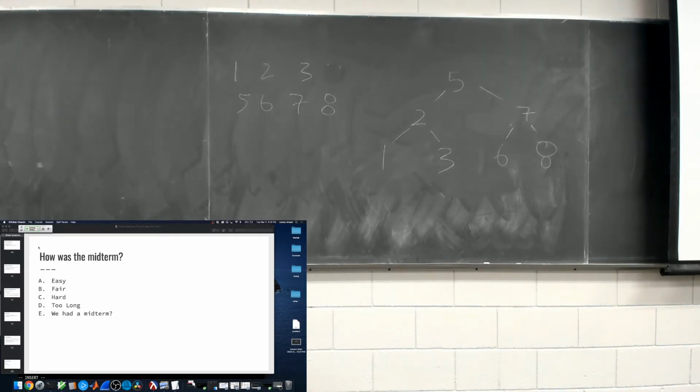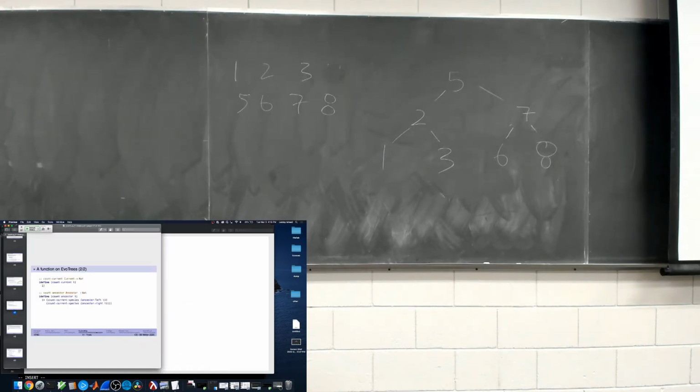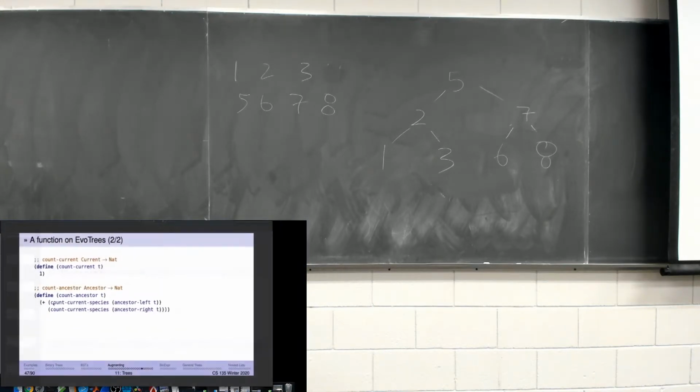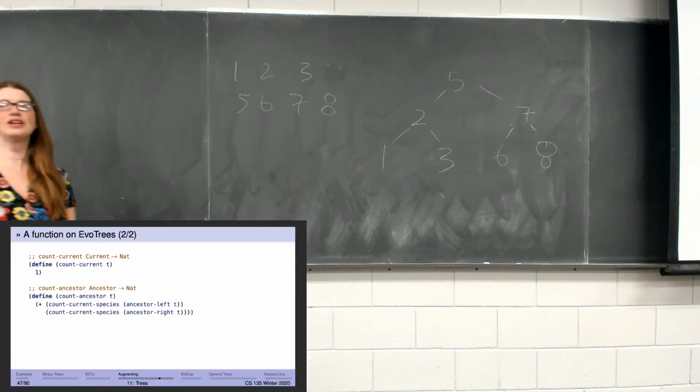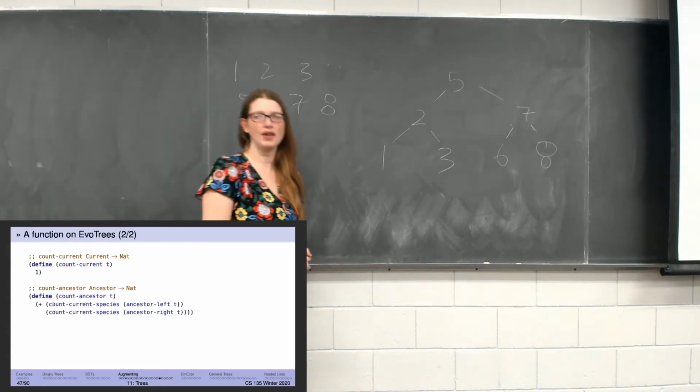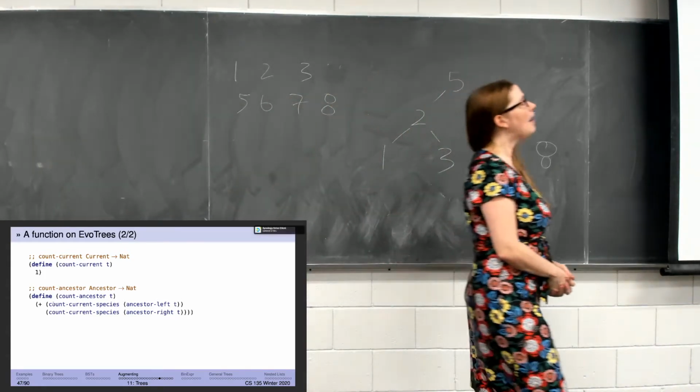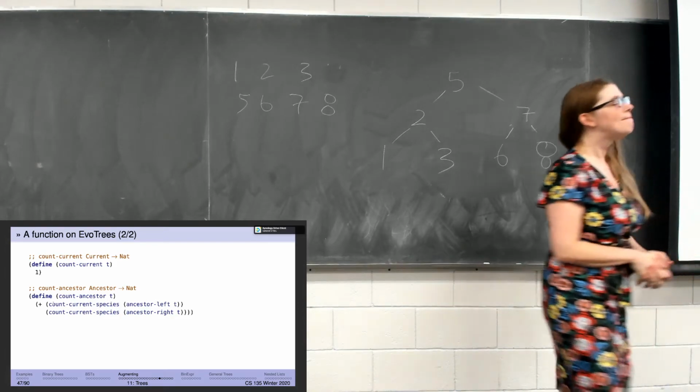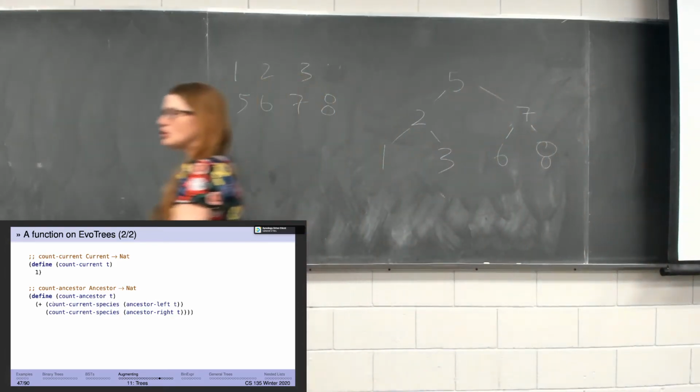All right, so we left off talking about these evolution tree things, which I said, for those of you who are actual science people and know what evolution is, please forgive our gross misrepresentation of this. But we have this mixed data type called an evolution tree.